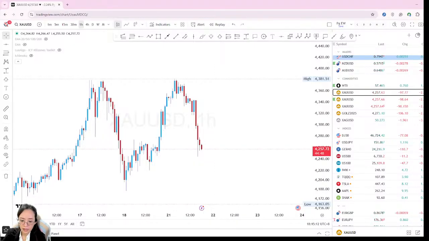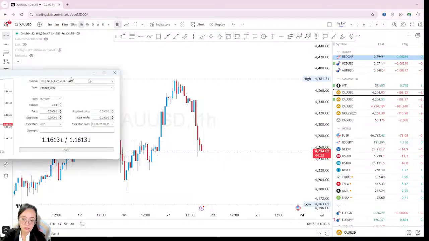For MT5, these are the pending orders. They have buy stop, sell stop. We already know that. They also have buy limit, sell limit.